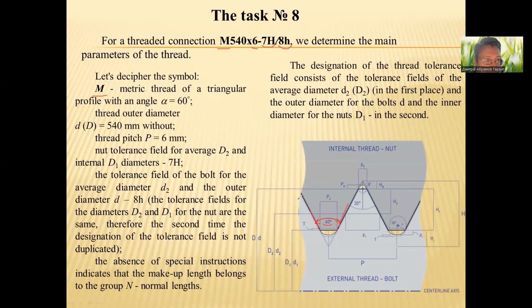Thread outer diameter, big D or small d, 540 millimeters. Thread pitch, 6 millimeters.